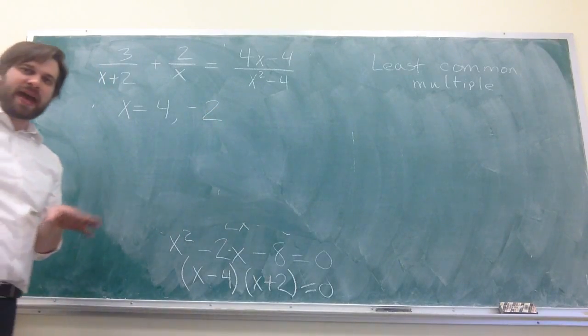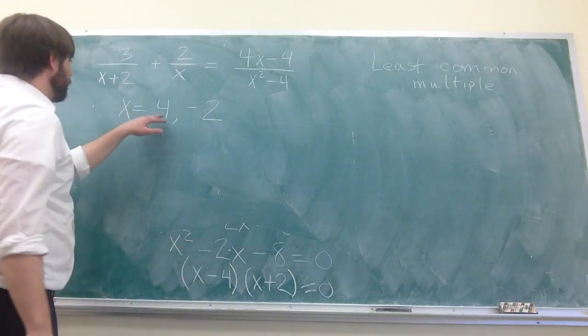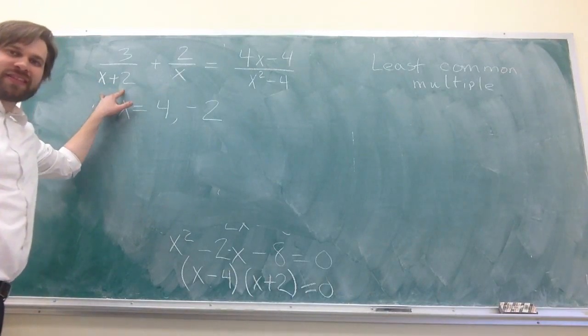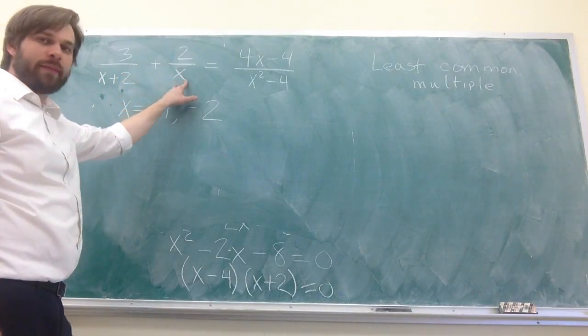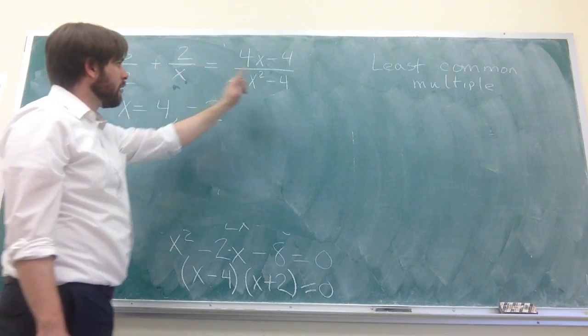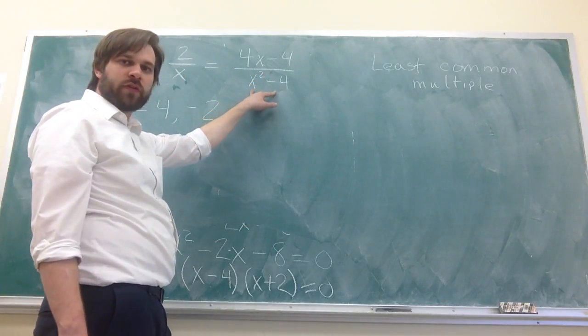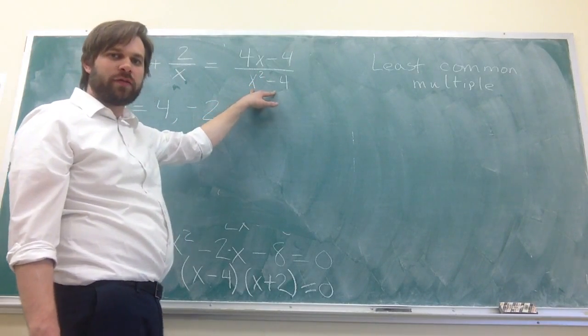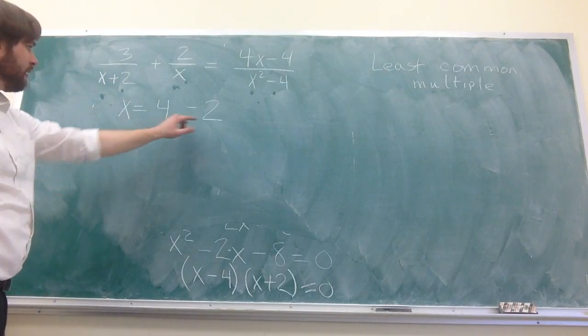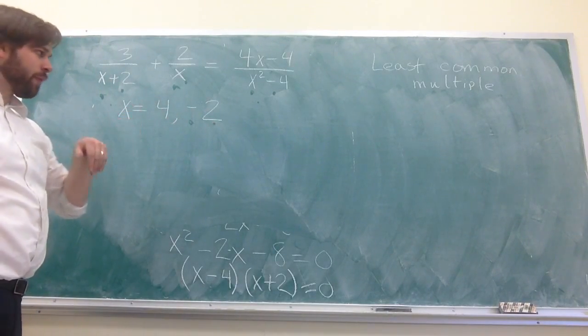Now here we have to go back and check our answers. So if we plug 4 in, this denominator is a 6, no problems there. Denominator is a 4, no problem there. X squared, so 4 squared is 16, minus 4 is 12, no problems there. So x equals 4 works, no problem.